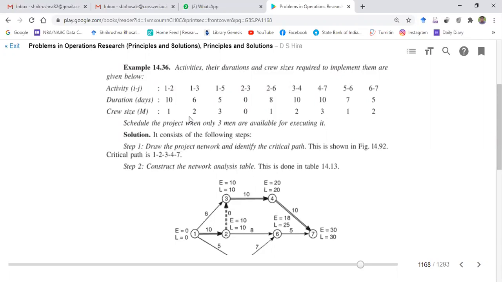So 3 activities are going on simultaneously, and all 5 workers are engaged. But one worker finishes his activity, and the other 4 workers are still working. So for that free worker, should we allocate the next activity, or should we wait?